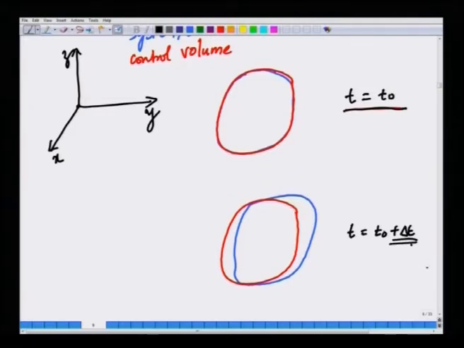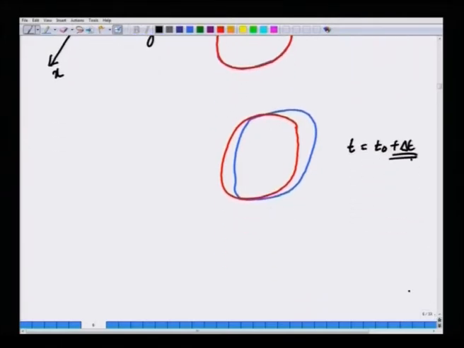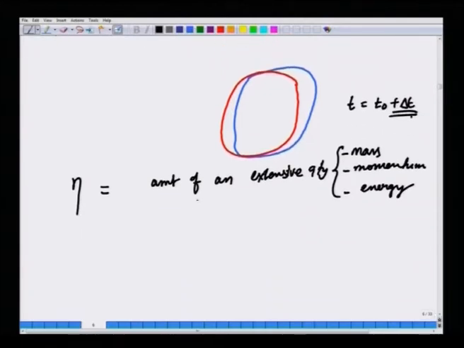Okay. So, to derive the Reynolds transport theorem, let us call eta the amount of an extensive quantity such as mass, momentum and energy of the fluid that is present in the control mass, per unit mass.